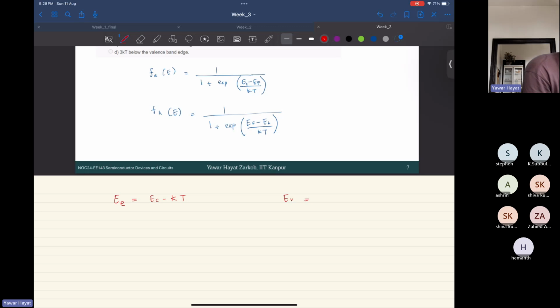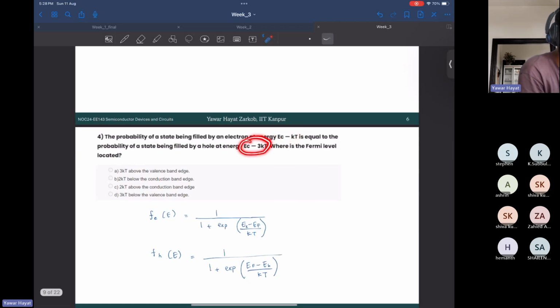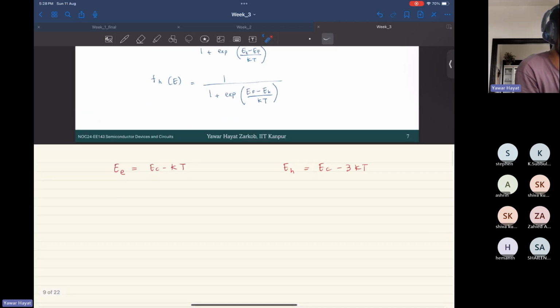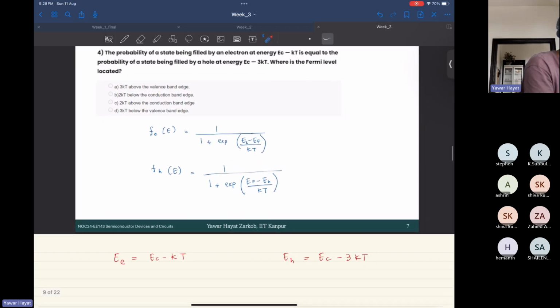This is EE, and this is EH. EH is EC minus 3KT. This is what was asked in the question: the probability of a state being filled by an electron at EC minus KT, and the probability of a state being filled by a hole at EC minus 3KT.